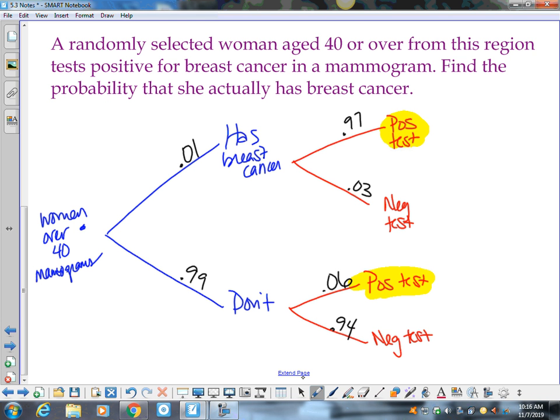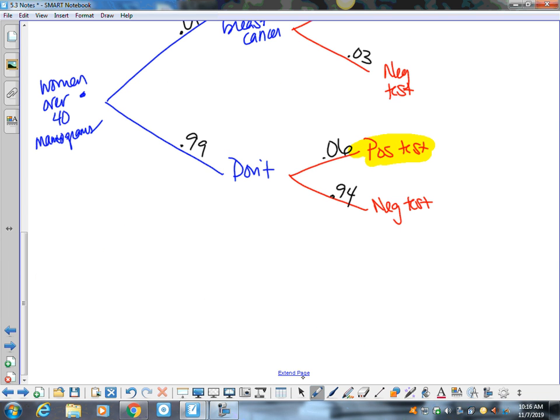A randomly selected woman age 40 or over from this region tests positive for breast cancer. So I know that she has tested positive for breast cancer. I want the probability that of those people, how many of them actually have breast cancer. So this is a given.